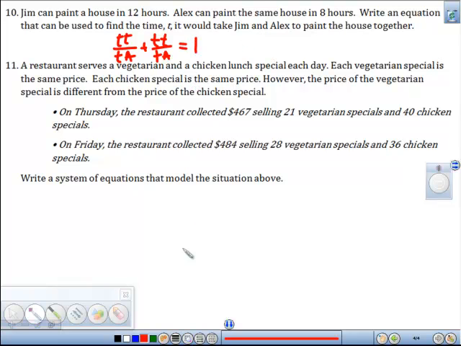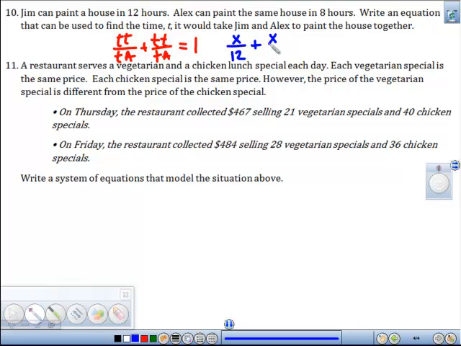Okay, so let's go ahead and apply this to what we see here. So time together all over time alone. Jim can paint the house in 12 hours, so let's say Jim is this first fraction. We don't know how long it's going to take them together, but we know that Jim by himself can do it in 12 hours. So that's the time alone. Now the next dude, Alex, he can paint the same house in 8 hours.